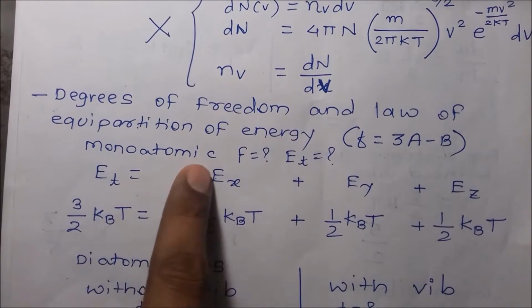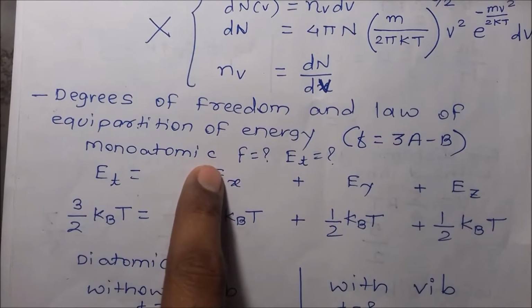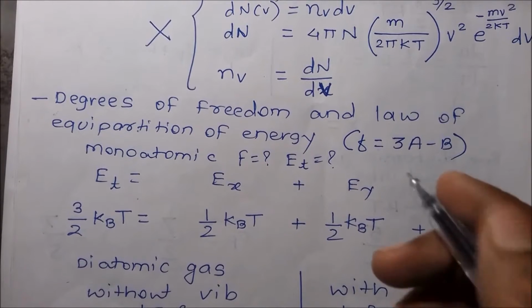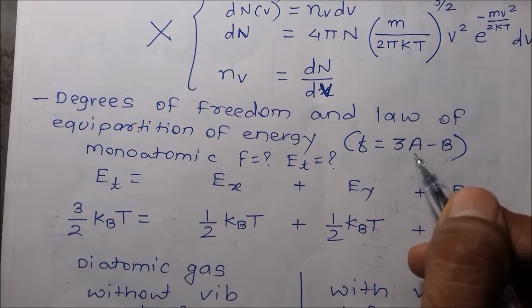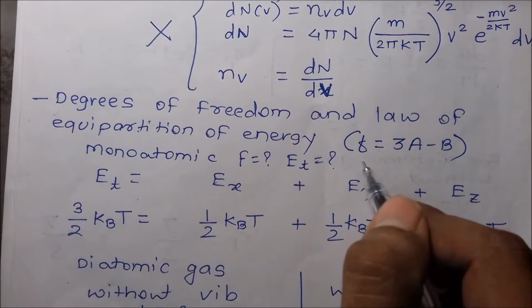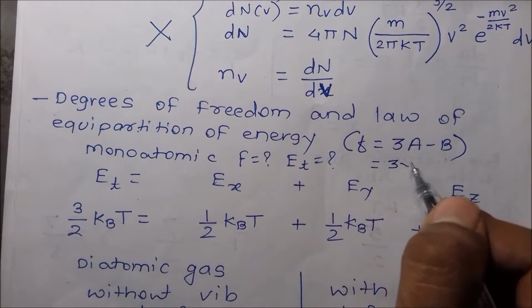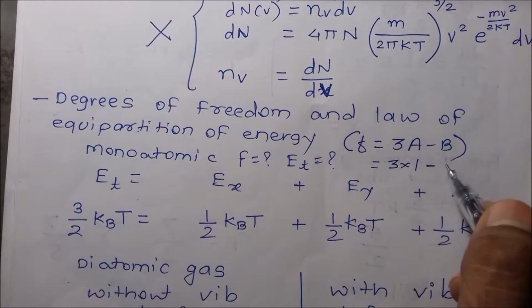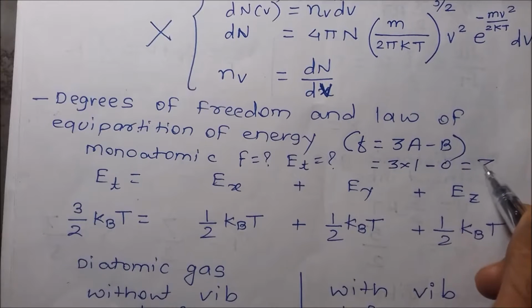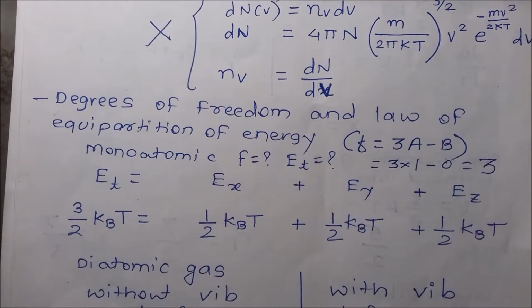So if the atom is monoatomic, degrees of freedom f is equal to 3A minus B, where A is the number of atoms. So 3 into the number of atoms 1, minus B, the number of bonds. There are 0 bonds, therefore this is equal to 3. So a monoatomic molecule has 3 degrees of freedom.